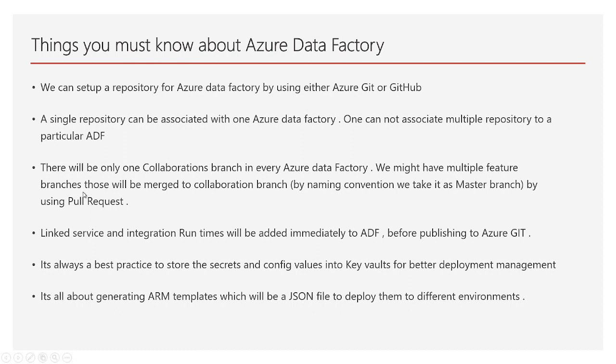There will be only one collaboration branch. It is also very important. Before this, the recommendation was that we could have a lot of collaboration branches in our development environment. But what Microsoft recommends now is that we should have only one collaboration branch. We can have multiple feature branches.